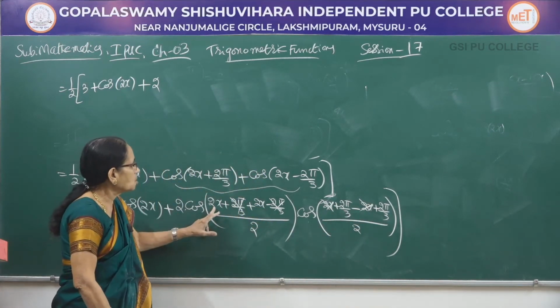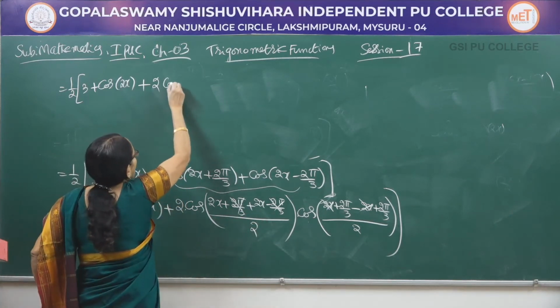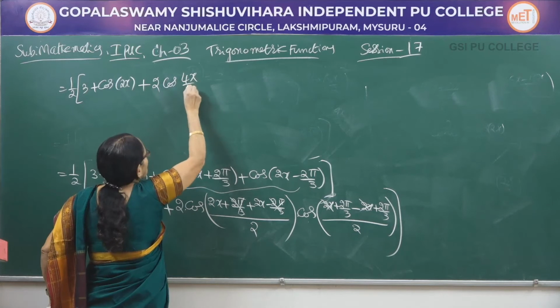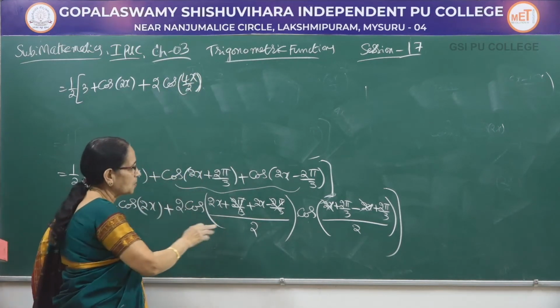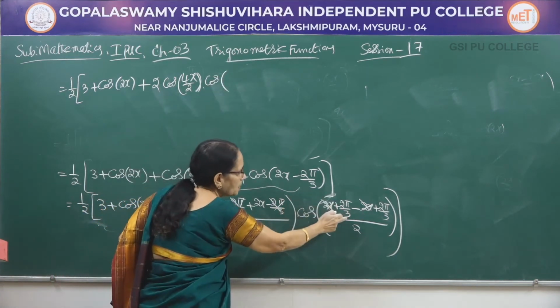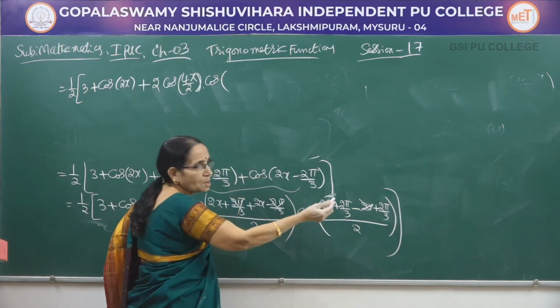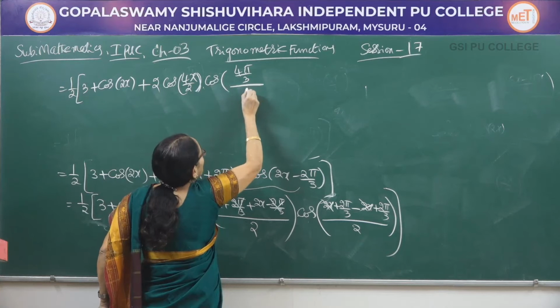What is remaining? 2x plus 2x, that is 4x by 2, cos of 4x by 2. Directly you can add 2x also if you are very confident, otherwise you solve the problem step by step. Now 2 pi by 3 plus 2 pi by 3, simple addition, it is 4 pi by 3 divided by 2.